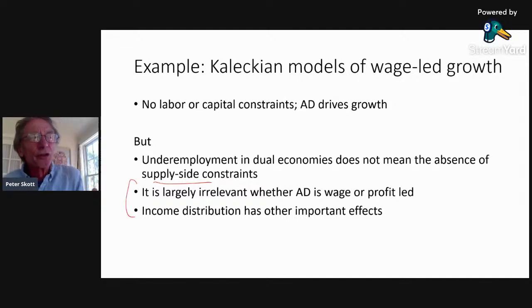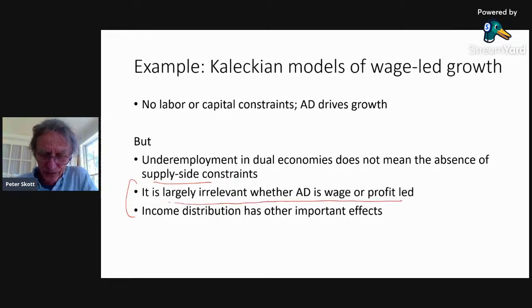Let me add, and this is sort of an aside to what I will be talking about today, that I think, in fact, it is largely irrelevant whether aggregate demand is wage or profit-led. And I do not understand why it has been given this much attention. Why is it irrelevant? Well, imagine that you found that some desirable shift of income towards wages had a negative impact on aggregate demand.